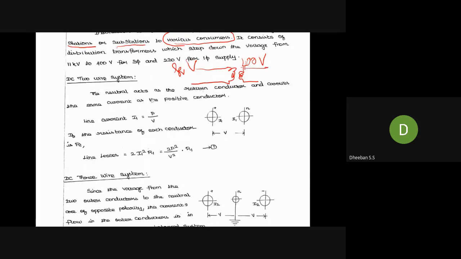Starting with the types of distribution system, first is your DC two-way system. We'll be first starting with your DC. Here you can clearly see that it has only two conductors, because your DC will be having two poles. One is your positive, and another one here we are taking as a neutral.